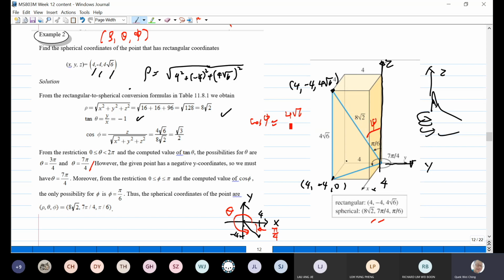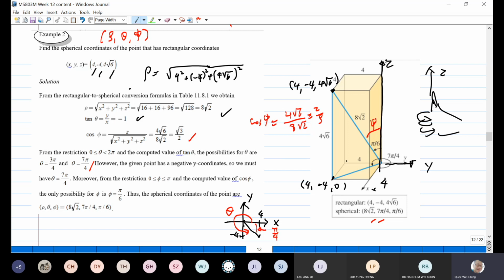Rho is 8 square root 2, right? Cosine phi is actually z over rho, right? So from there, you can find that this is actually square root 3 over 2. And if this is the case, what is phi now?